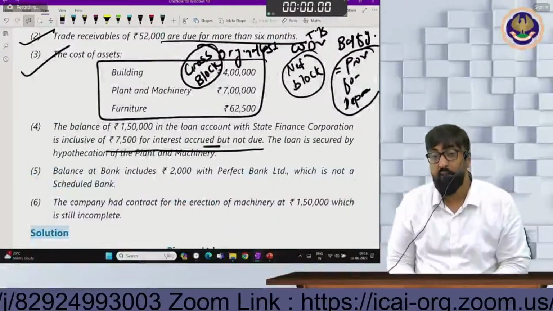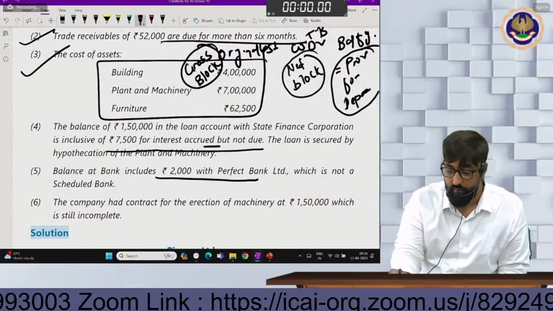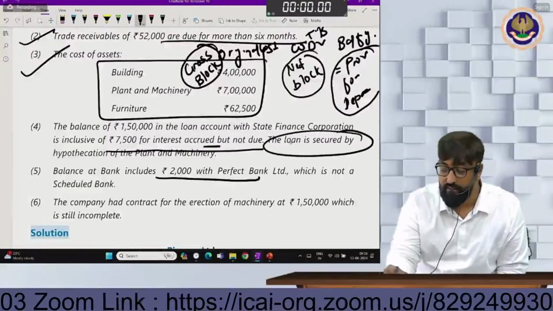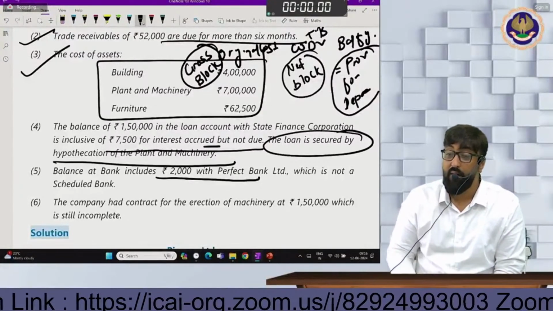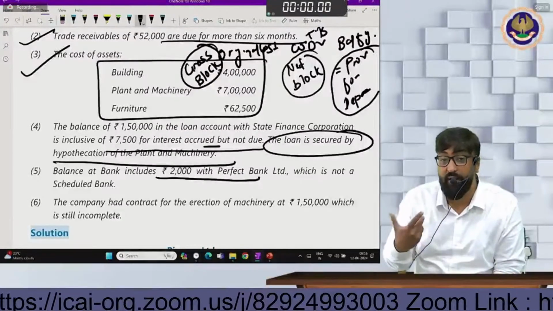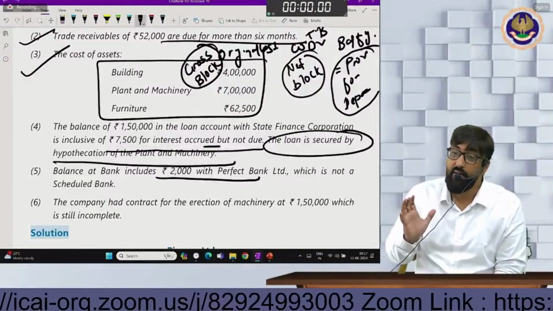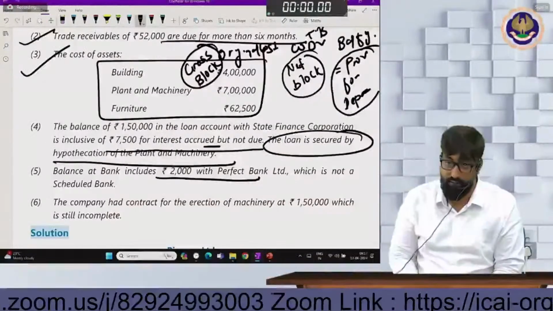Now, balance at bank includes, and the loan is secured by hypothecation of plant and machinery. Now, what is the difference between hypothecation, pledge, and mortgage? See, mortgage is normally on immovable properties.